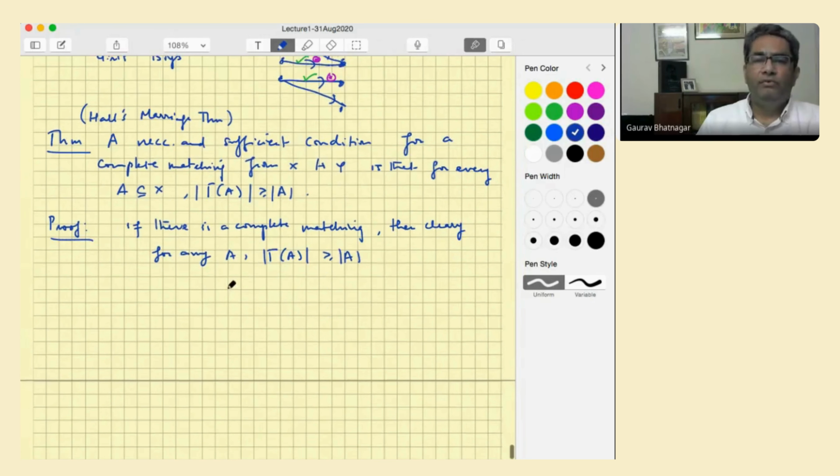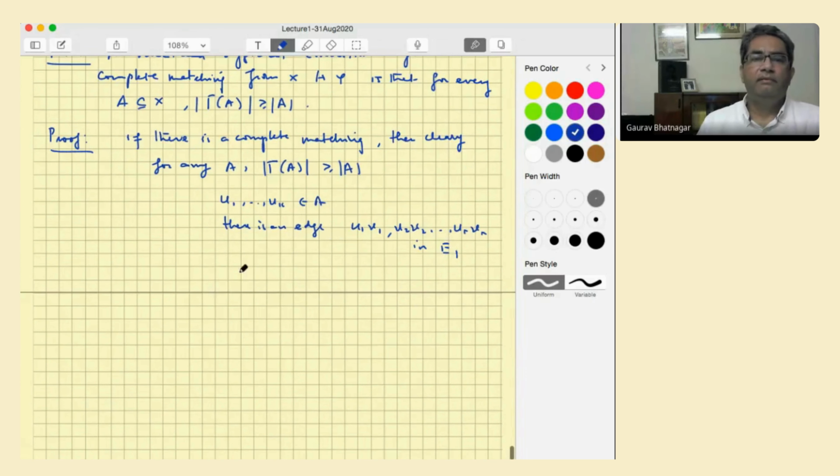Because whatever the elements of A, say U1 to UK in A, there is an edge U1 V1, U2 V2, and so on, UK VK in the matching, because every vertex of X is covered.